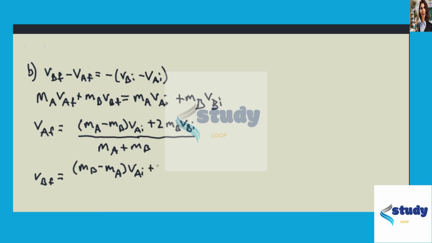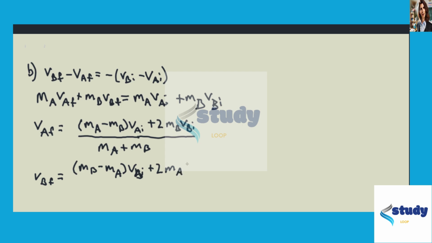The equation in the book that's specifically for when one object is stationary doesn't have this symmetry, because one of them is special, it's stationary.